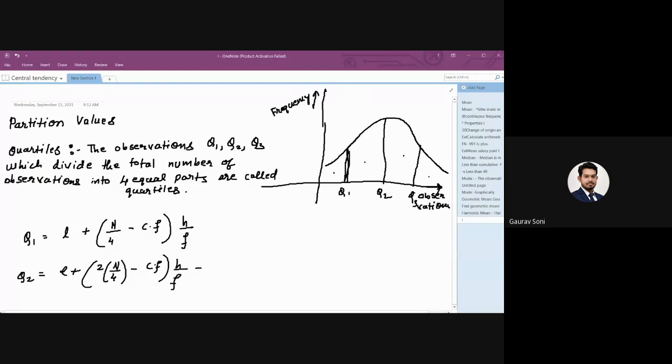This is nothing but the median. And the third quartile: L plus (3 times n by 4 minus cumulative frequency) into H by F. What is this?